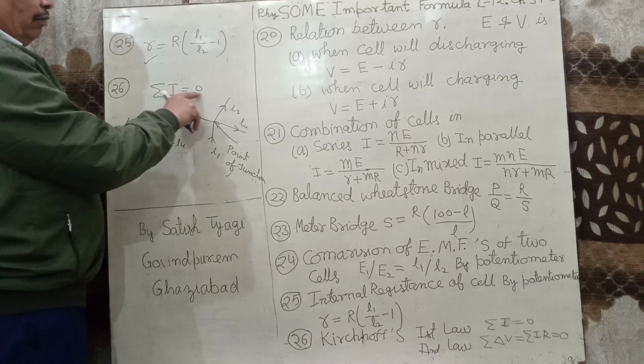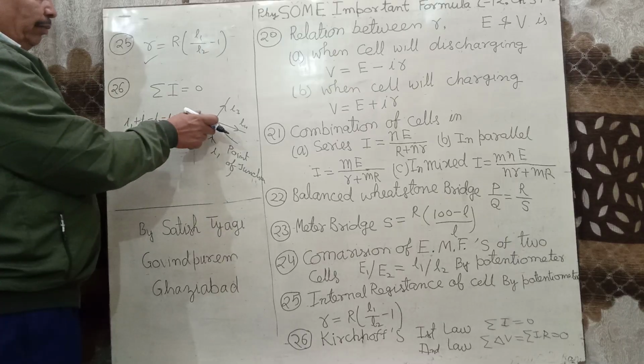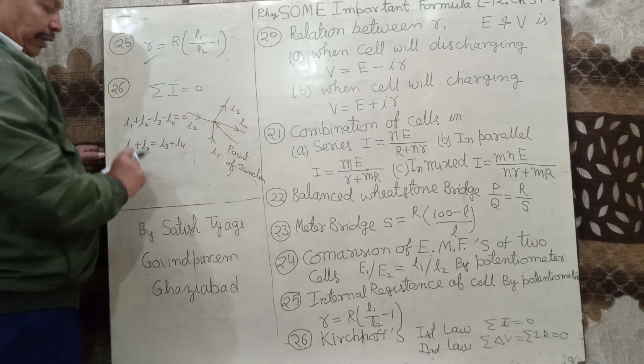Net current I equals 0. The incoming is positive sign and outgoing is negative sign.